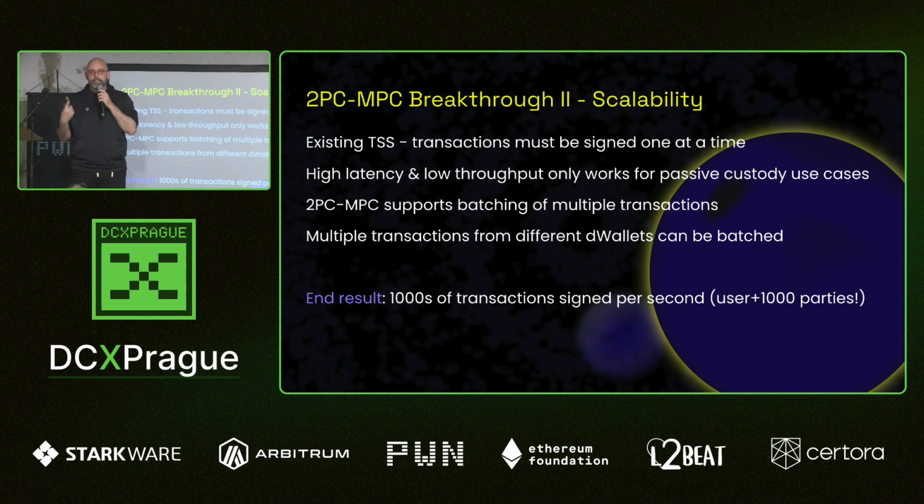So the network, as a network, can batch multiple transactions from any amount of users together and sign them, which dramatically increases scalability. And we were able to get to thousands of transactions signed per second, where we tested it with a user plus 1,000 parties, right? So this is nothing you can imagine getting close to with anything that exists today.